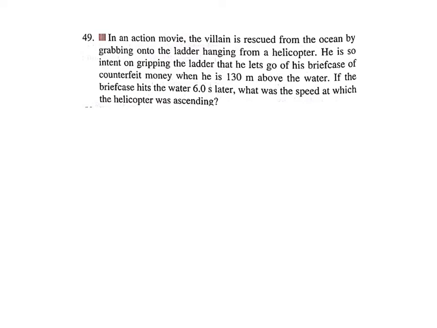Alright, this problem seems super hard. There's a point where this helicopter is going up at a constant velocity. This guy holds a briefcase that's also going up at a constant velocity.